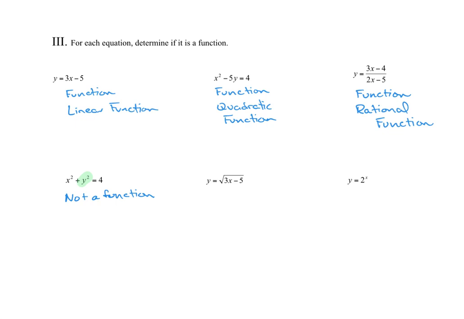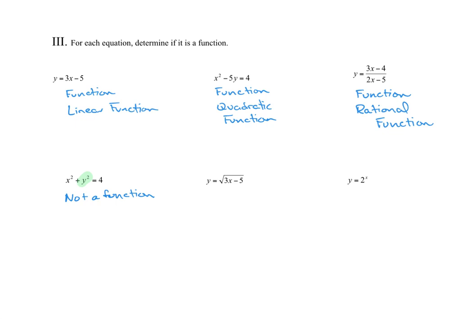Right here, y squared. This makes this not a function. If I plug in y equals 1 and y equals -1, I get the same thing. And so we run into problems right here. So if ever you see a y squared, you can automatically state not a function.